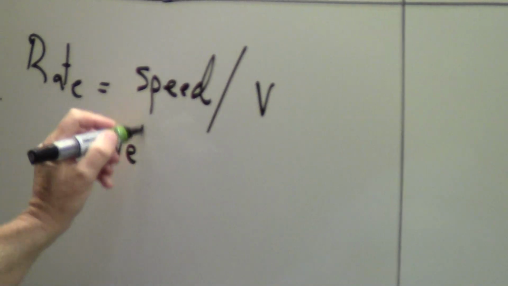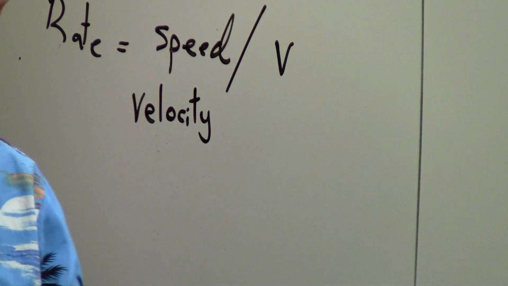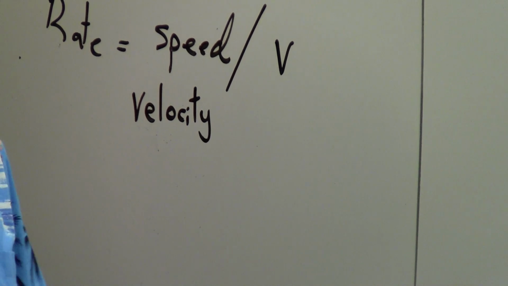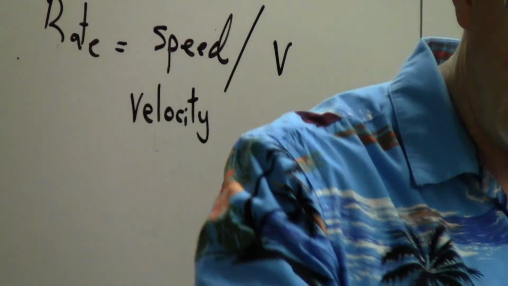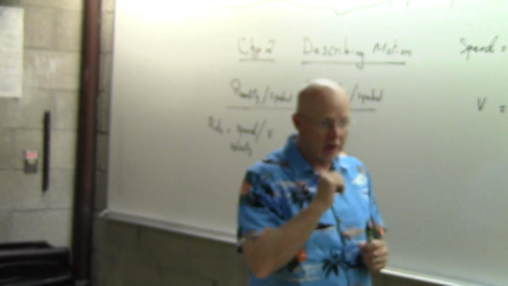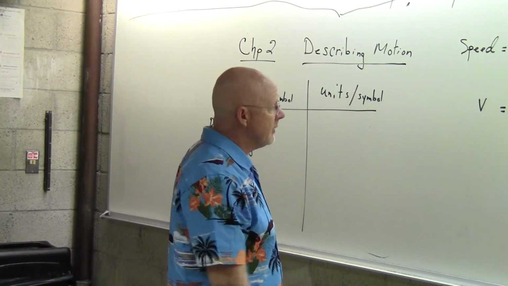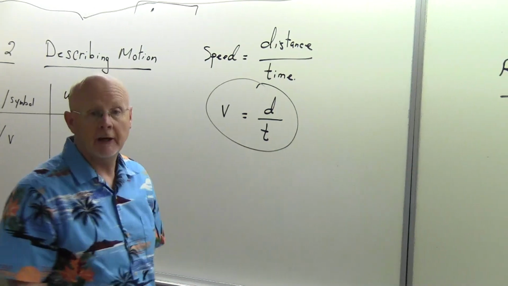So I'm going to put here velocity. And there is a slight subtlety between speed and velocity. And so I'll get to that. But in terms of a calculation, it's not necessary to point out the difference. So I'm going to use, just like your book does, the V for the speed or the velocity and not distinguish between the two for a moment. But this would be that formula.